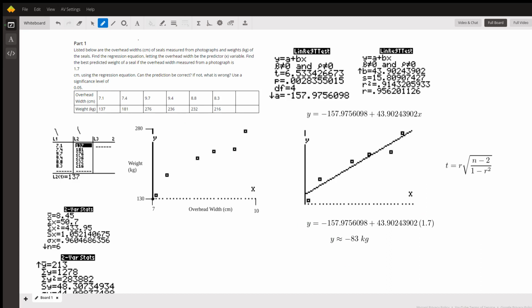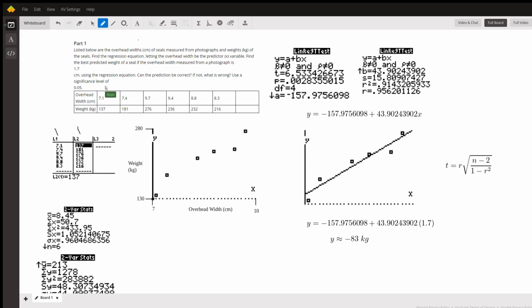So the problem with this equation is that the data doesn't include seals with overhead width as low as 1.7. If you look at the data points, they're all much higher. So we cannot extrapolate and assume that there's a linear relationship for all different overhead widths.